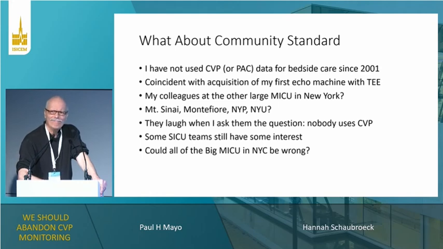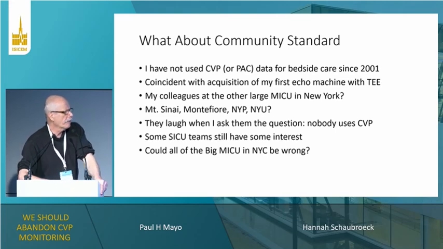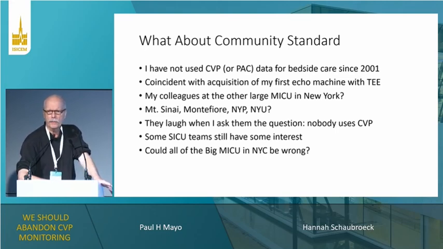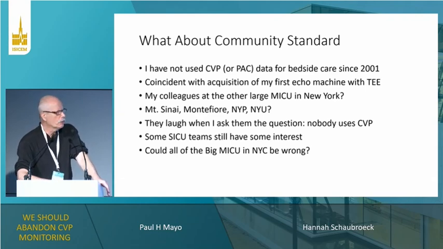And then, what's community standard? I can tell you that New York City has probably about 1,000 ICU beds. I am personally familiar with the function of at least 500 of these MICU beds because I know their directors, I know their juniors. I trained most of the directors.